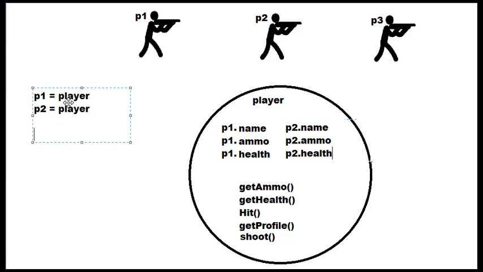Now in order to create a scenario where P1 hits P2, we will call the function shoot from P1, and we will also call the function hit of P2. And inside the shoot function we can decrement the ammo by 1 or by however many we want.